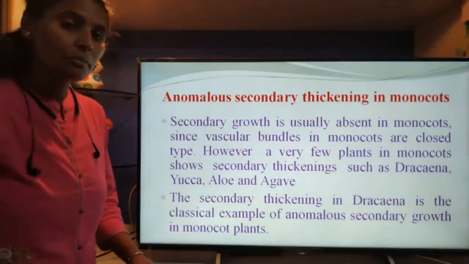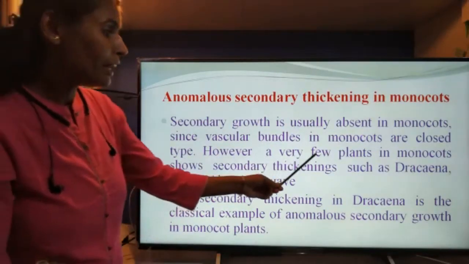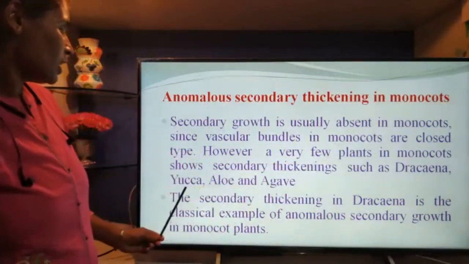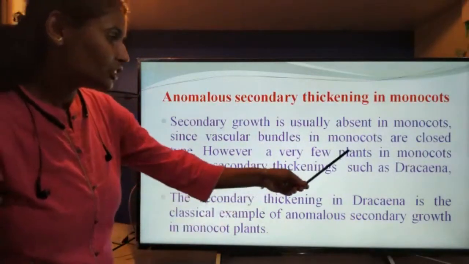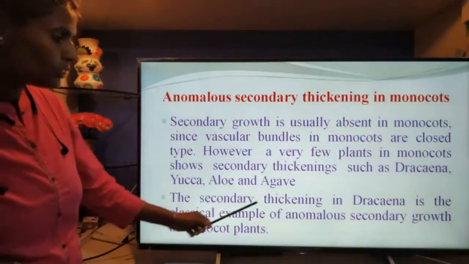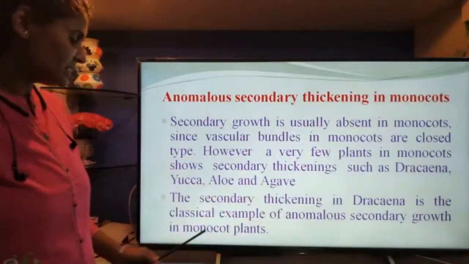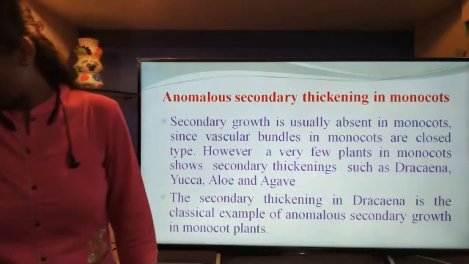Closed vascular bundle means there is an absence of cambium. However, a very few plants like yucca, aloe, agave and dracaena exhibit anomalous secondary growth. The secondary growth thickening in dracaena is a classical example of anomalous secondary growth in monocot plants.